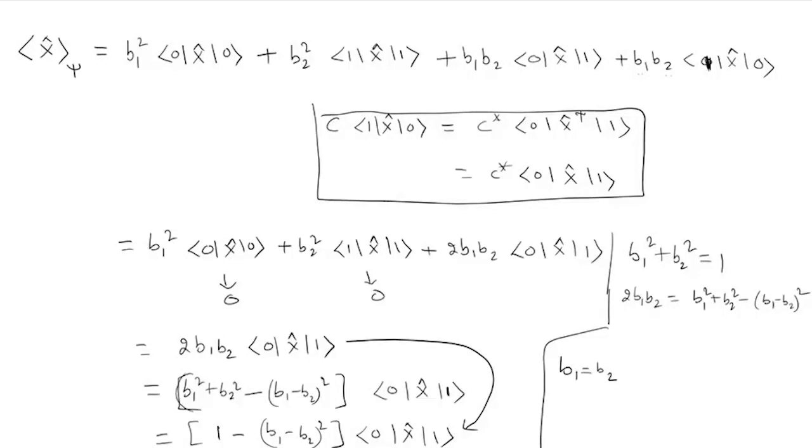Then only it becomes minimum. When b1 is equal to b2, this is minimum, and that gives you some values. b1 equals b2 equals 1 over root 2, because they are normalized to 1. So that's how you can figure out this.